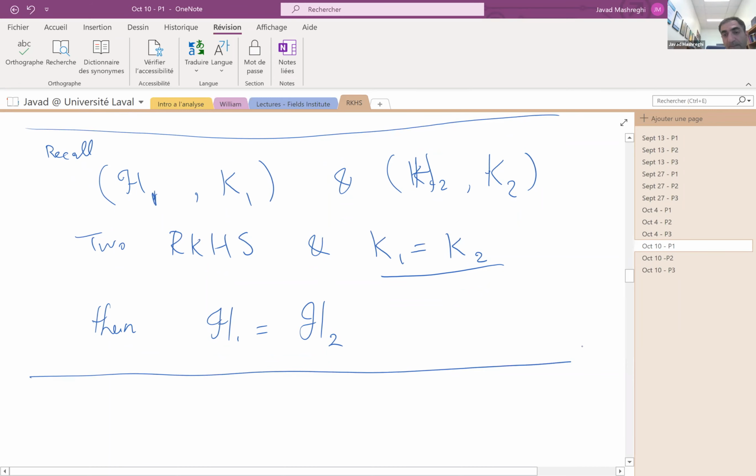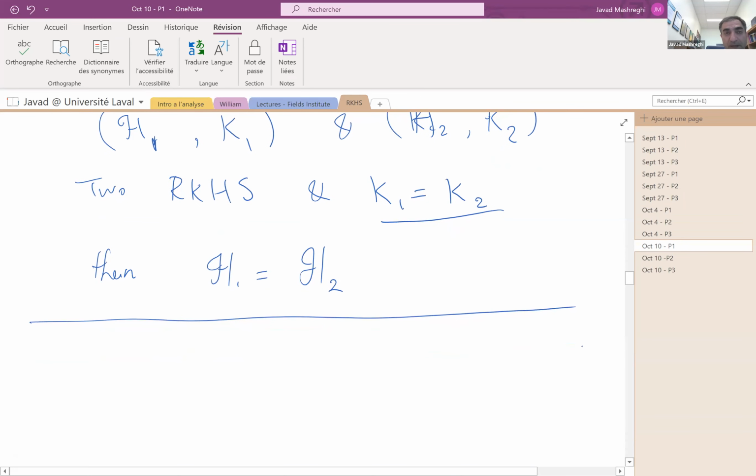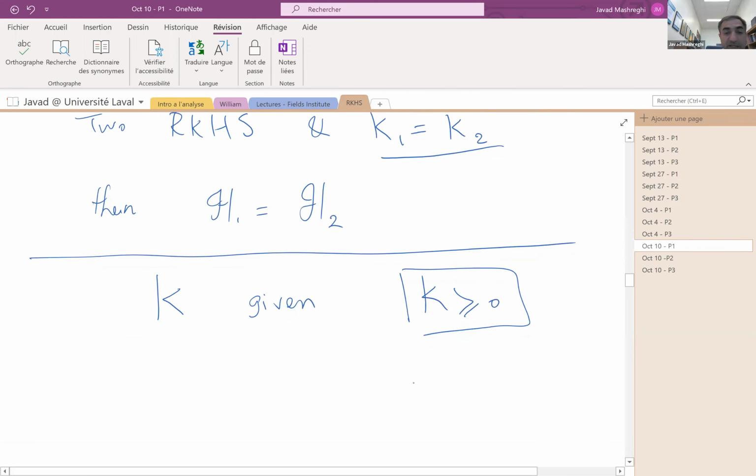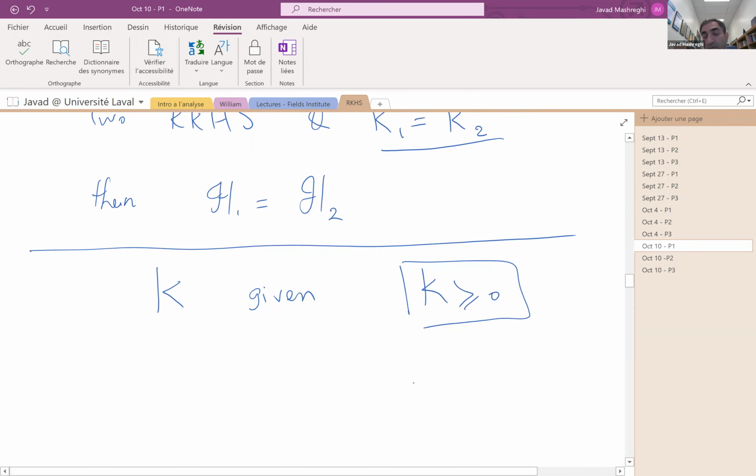That's good. Now we want to go backward, or look at this from the exterior. The space is not given, K is given, a function which is a kernel function, which is positive by the definition that we had above. And there are many easy examples of K which satisfy this property.